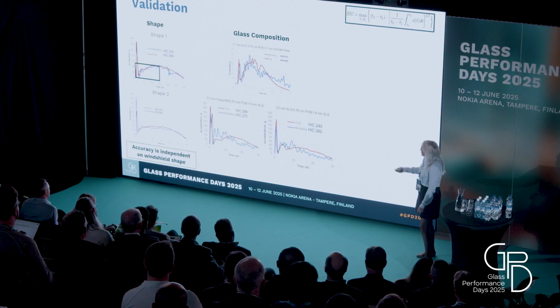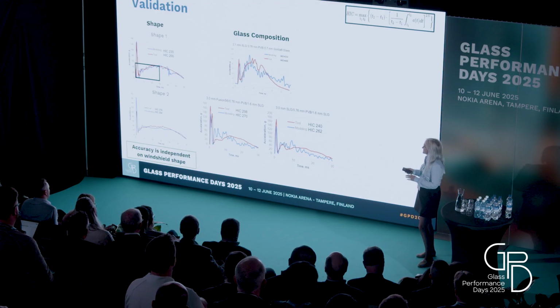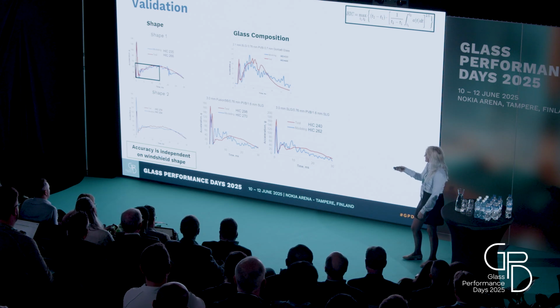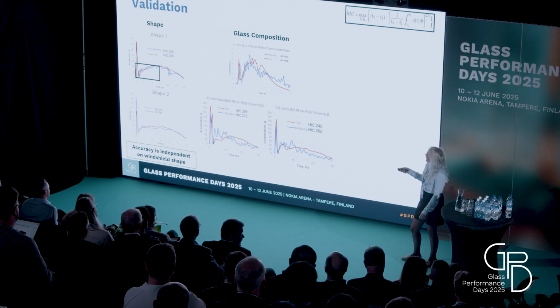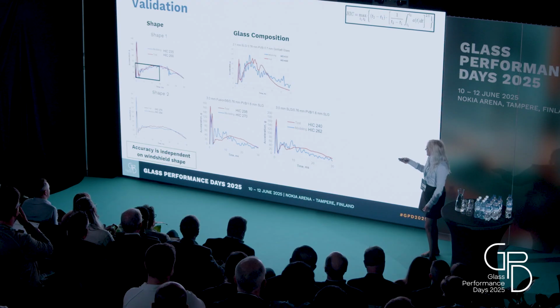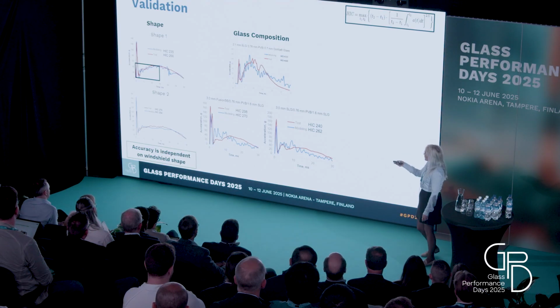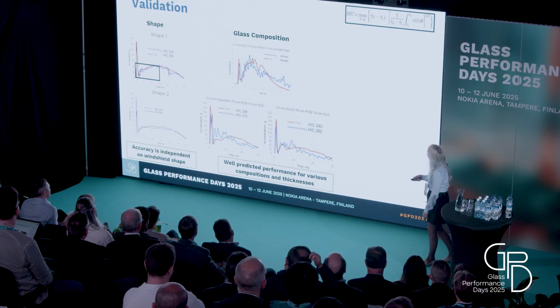At the bottom of the slide, a comparison of two similar constructions with similar thicknesses: on the right-hand side, a 3 mm Fusion 5 outer ply, and on the left-hand side, a 3 mm soda lime outer ply. For all of these cases, the model provides robust predictions.